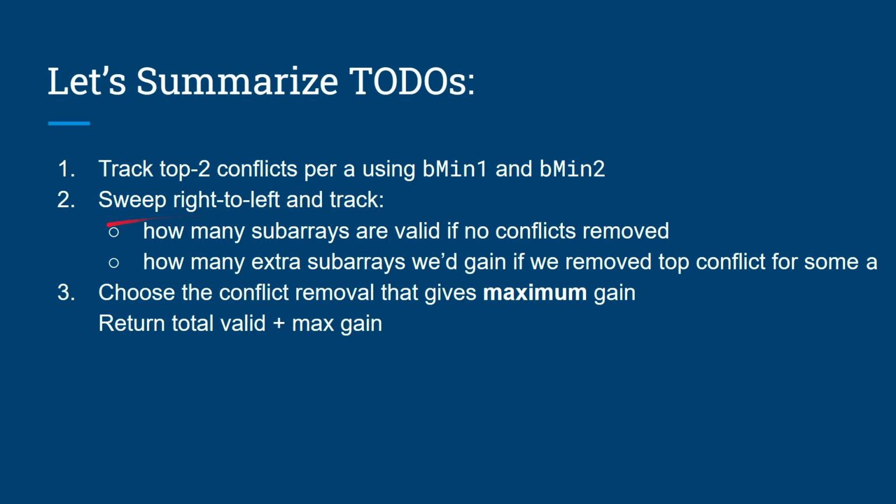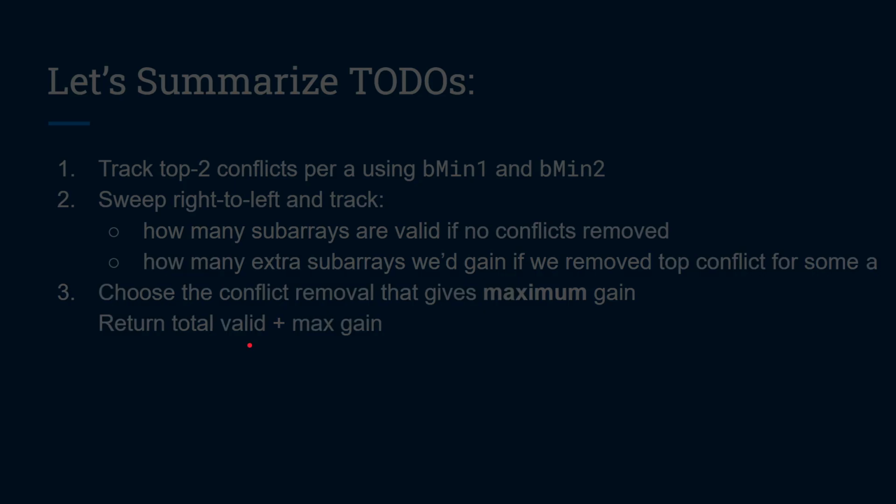We'll swap right to left and track how many subarrays are valid if no conflict is removed, and also how many extra subarrays we gain if we remove the top conflict for some a. Then we'll choose the conflict removal that gives the maximum gain, and return the total valid plus max gain.